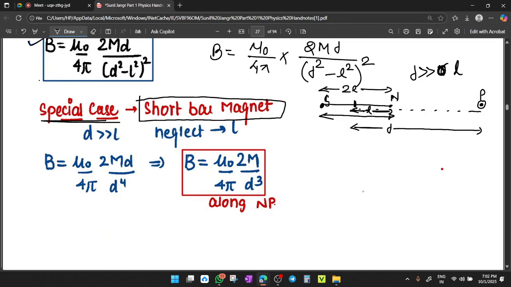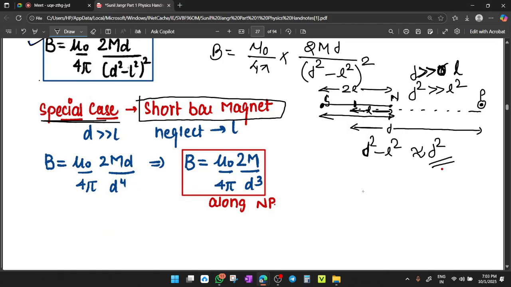So if d is very much greater than L, then d square is very much greater than L square, so d square minus L square can be approximated as d square. Agree?